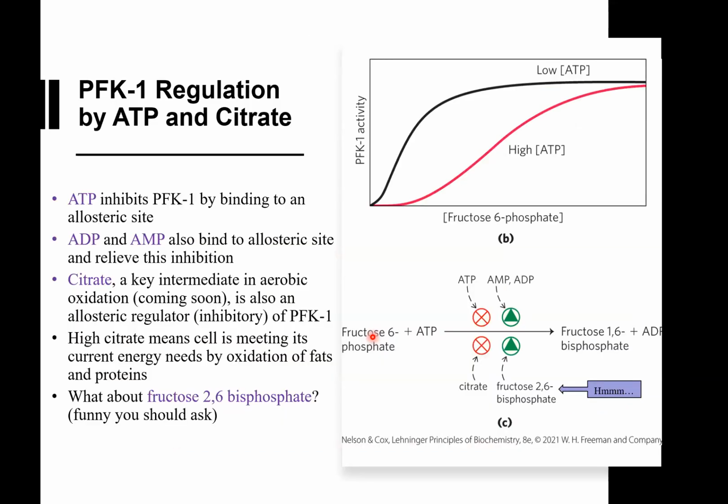And we're going to look at PFK1 regulation by ATP and citrate to understand how PFK itself might be allosterically controlled. So this is a situation where ATP inhibits PFK1 allosterically, and ADP and AMP also bind to an allosteric site and relieve the inhibition, i.e. promote the activity of PFK1.